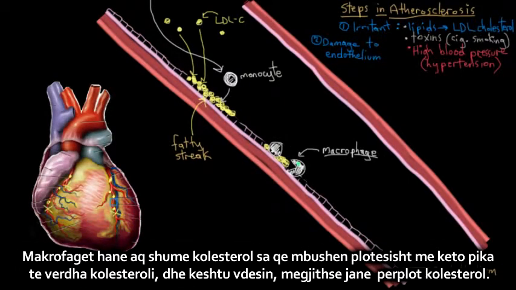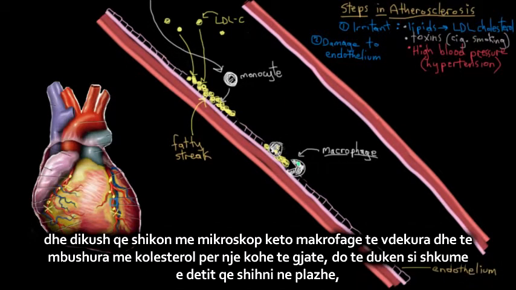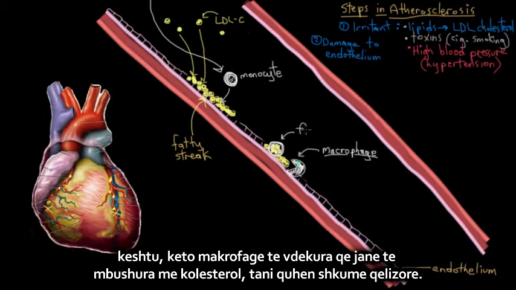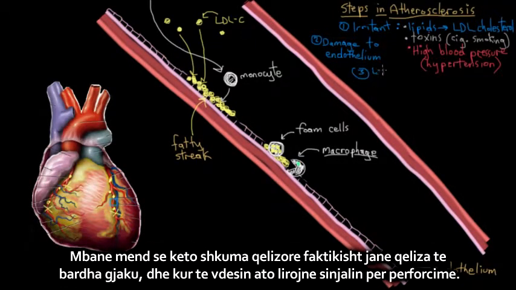But it's full of cholesterol, and someone a long time ago looked down a microscope and thought that these dead macrophages filled with cholesterol looked like foam, like sea foam that you see at the beach. So these dead macrophages filled with cholesterol are now called foam cells. So let's catch our list up. And remember, these foam cells were actually white blood cells.